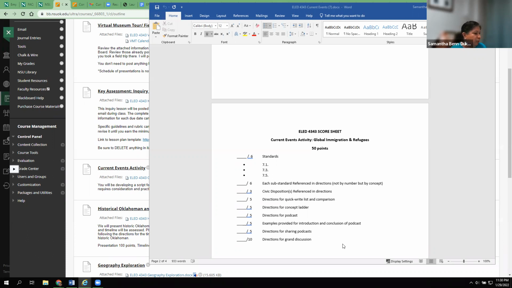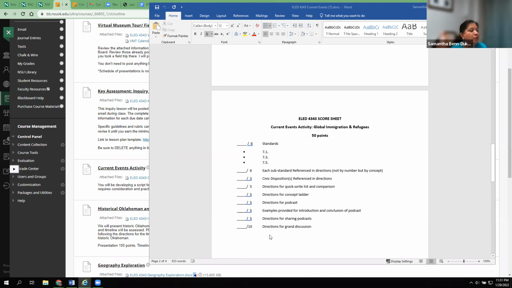Okay, so you can see how the points are broken down here, and that as you are explaining your expectations for them for the grand discussion, notice that that's going to be pretty heavily weighted here. So that is 20% of the overall grade of this.